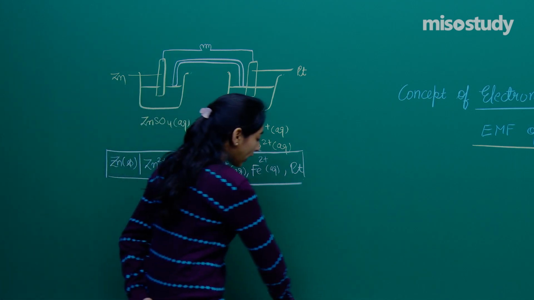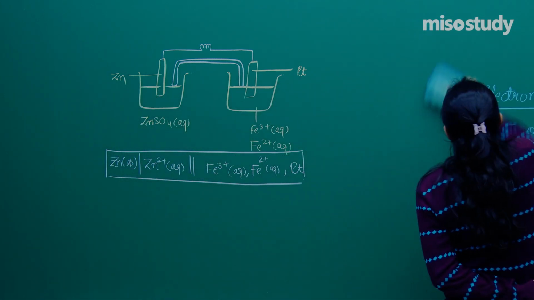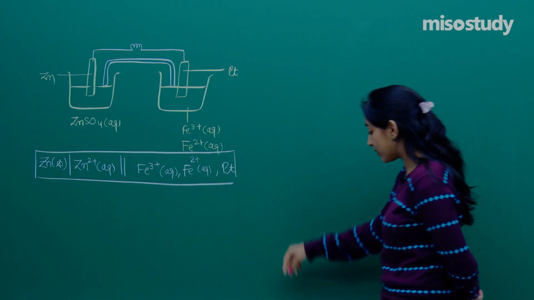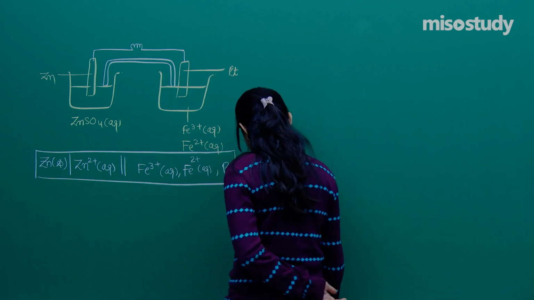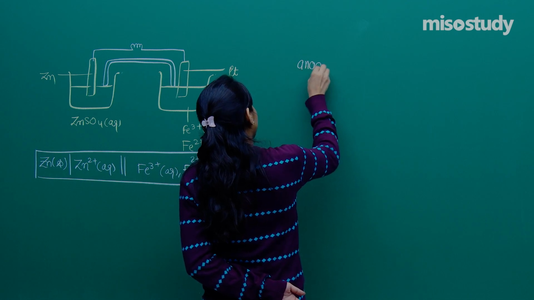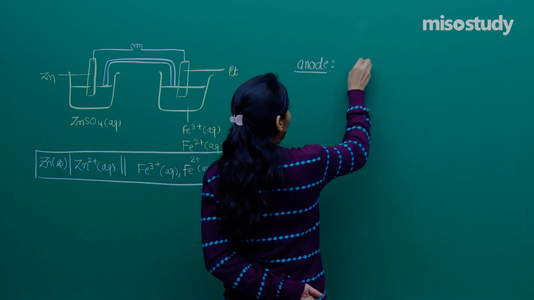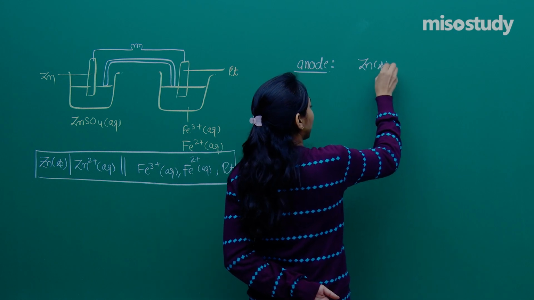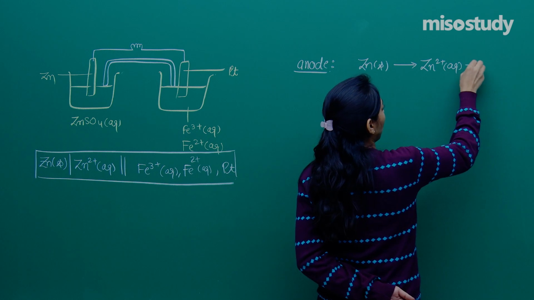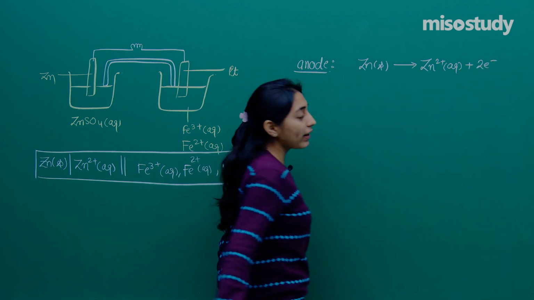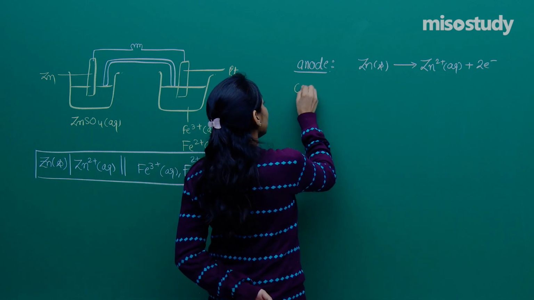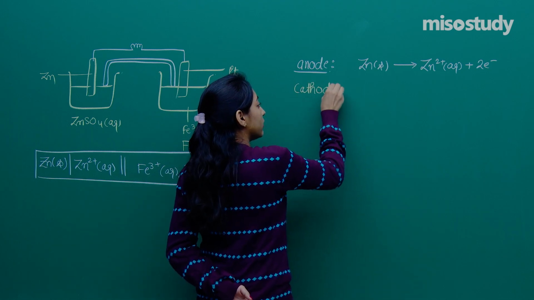And then I changed the question a little bit. Okay, so here let us write the cell reaction also for this particular case. At the anode, since oxidation occurs at the anode, zinc gets converted into Zn2+ in the aqueous state plus 2 electrons, right? And in the cathodic compartment, as I told you in the last class, reduction occurs at the cathode.